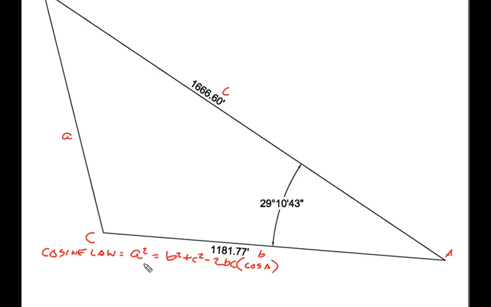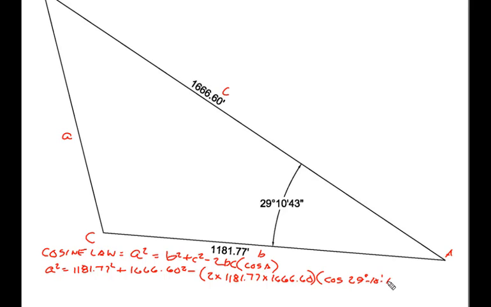So we can substitute that in. We know then that A squared is going to be equal to B squared, which is 1181.77 squared, plus C squared, which is 1666.60, minus 2 times B, which is 1181.77, times C, which is 1666.60, times the cosine of 29 degrees, 10 minutes, 43 seconds.